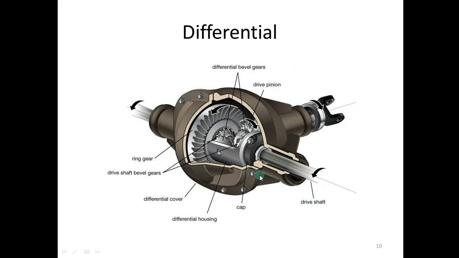Here is another image of a differential. This is a drive shaft and this is an axle shaft coming from the engine, and this is the cover. It is covered by a housing, which we call the differential case, differential housing, or differential cover.